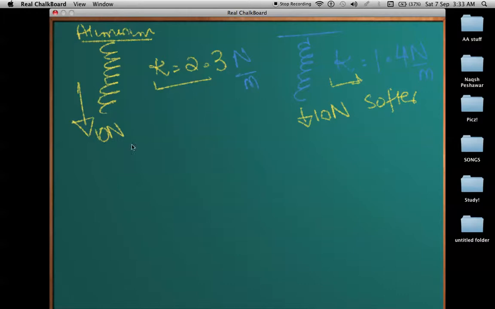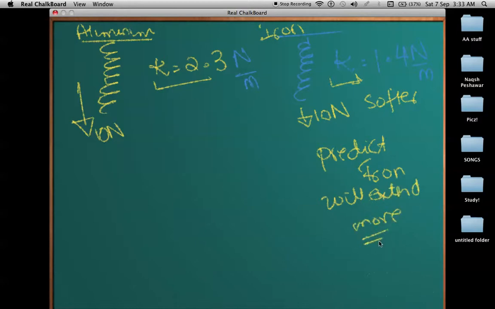So let's say I predict that the spring P, made up of iron, will extend more. Our formula is simply F is equal to K times E. Force is equal to K times extension.